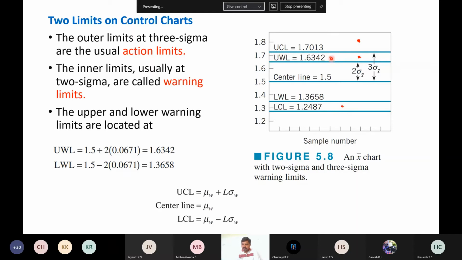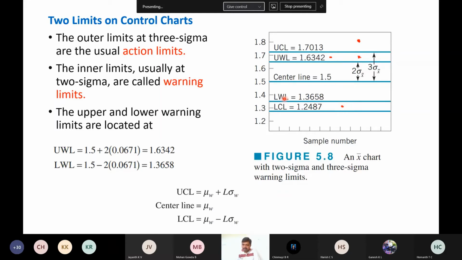If you consider these 3 points, they are within the upper control limit and lower control limit. Since they are at the border of these control limits, there may be a possibility that they are also giving a signal about the presence of some assignable causes.